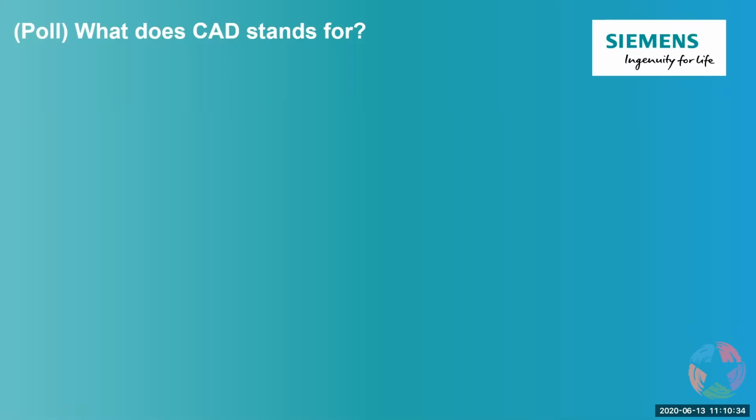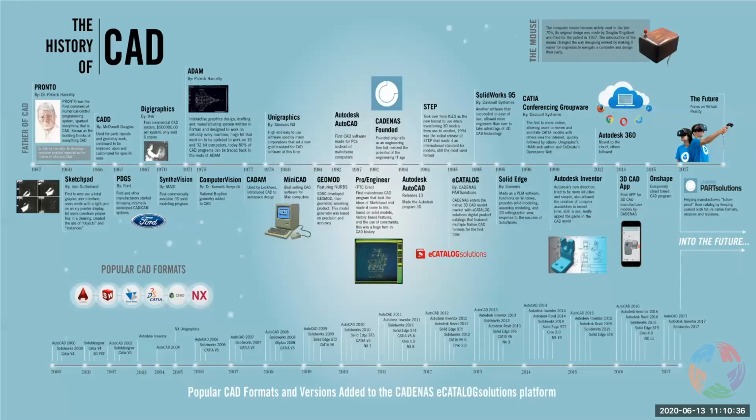And so just to give you a brief history, the history of CAD started back in the 1950s, right? And from Dr. Patrick Hanratty, it's evolved through the ages, and you can see Ford back in 1967 and McDonnell Douglas in 1966.